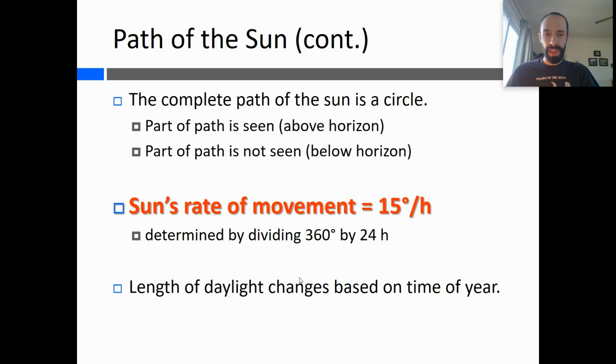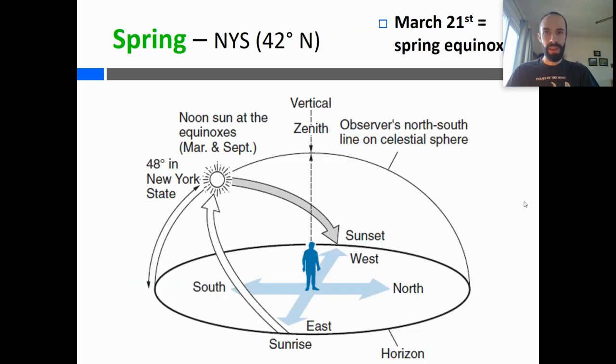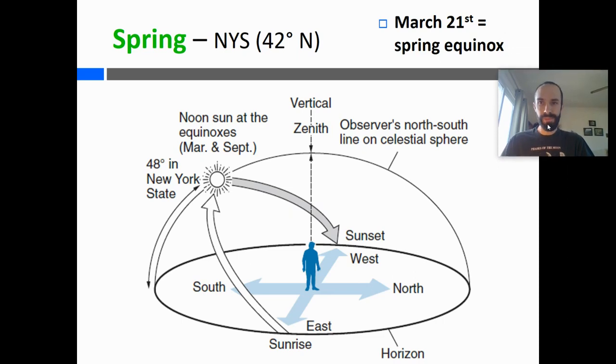The length of the day depends upon the time of year, and we're going to look at that here. So here is spring, okay? And in spring, as you can see, this person is facing, in this case, it looks like he's facing a little bit to the north, but let's say he's looking at the sun rising into the sky.